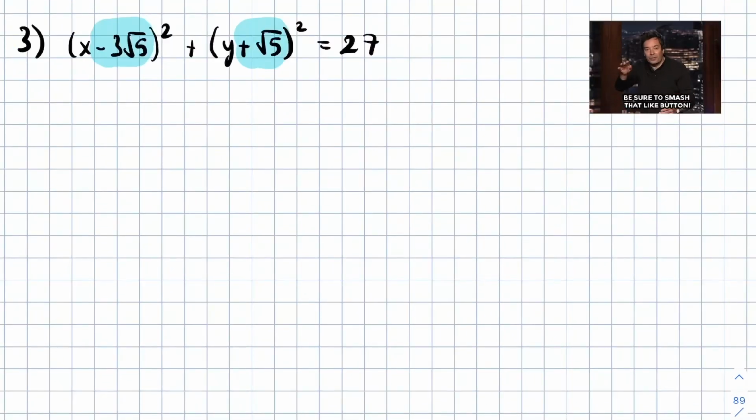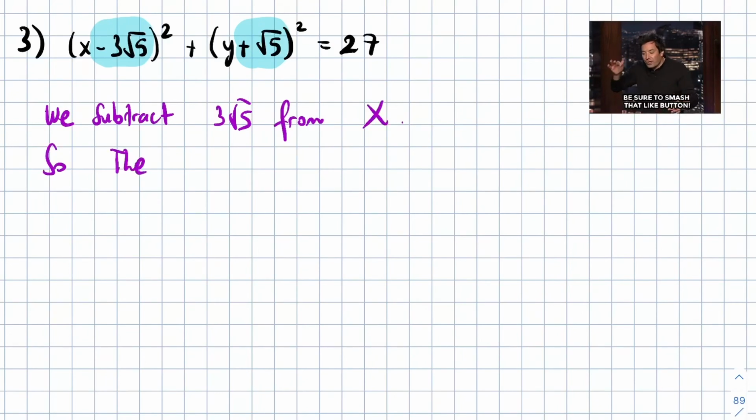Okay, let's show another example. This example is very similar to the previous one, but we have to pay attention to what we subtract from the x and y coordinates. This is very important because you may get confused with the negative sign. We subtract 3 root 5 from x, so the x coordinate of the center is 3 root 5.